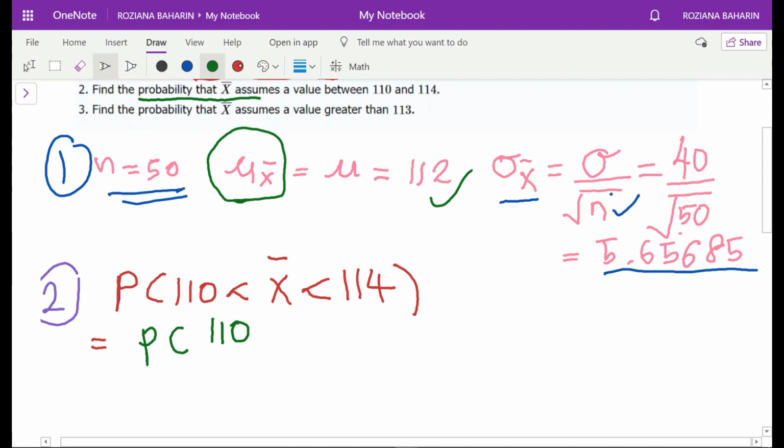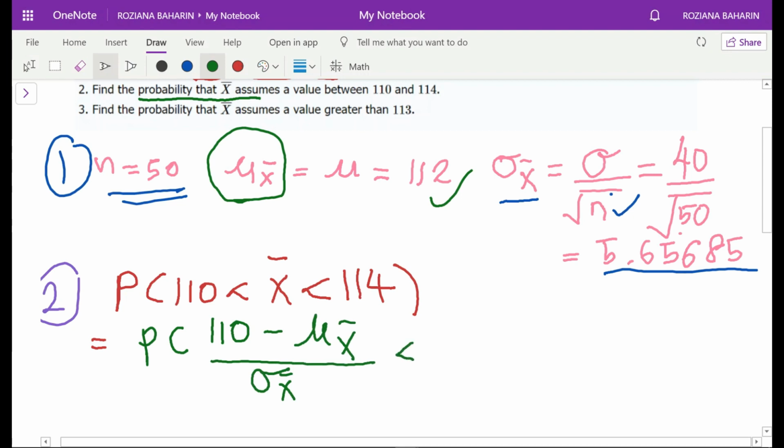X bar, which is your sample mean, minus your new X bar here, divided by the standard deviation of your X bar.